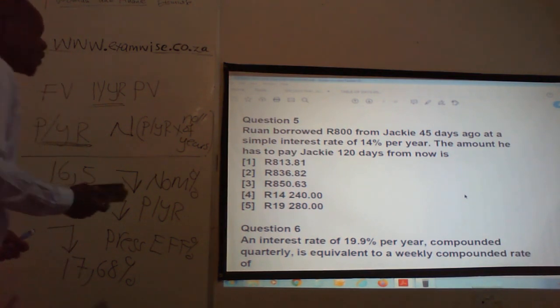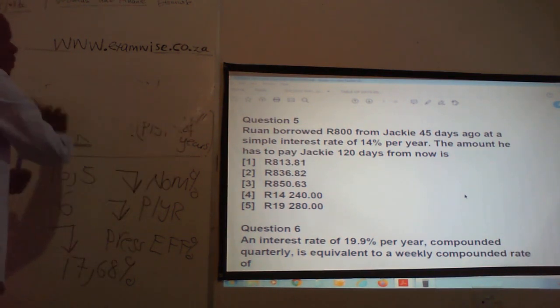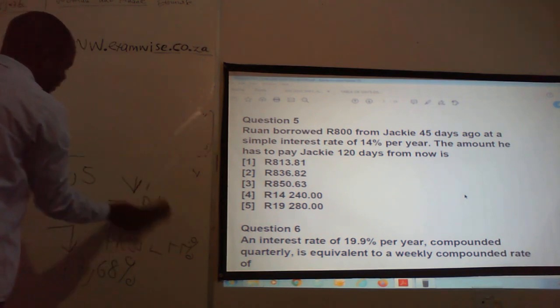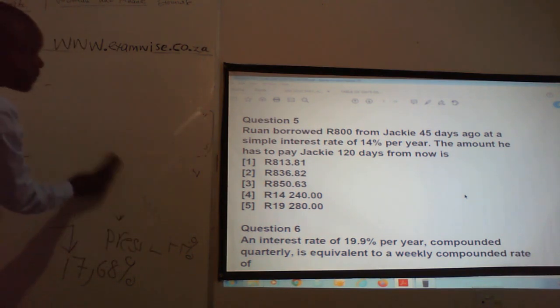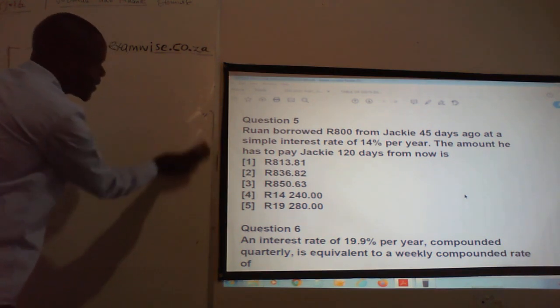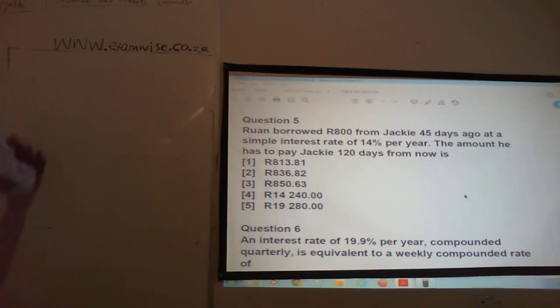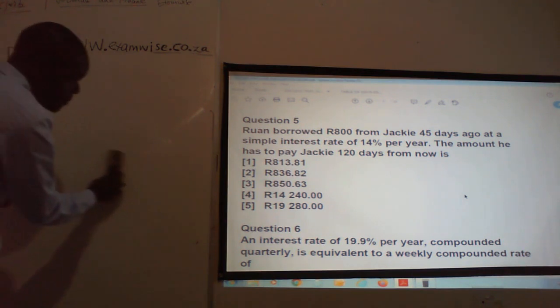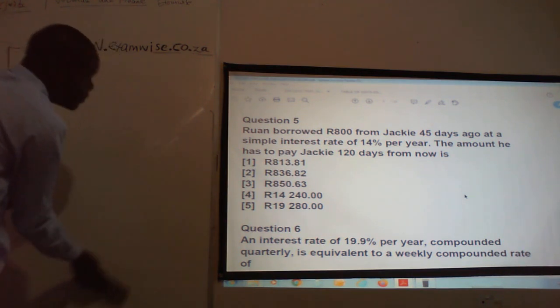So Ruben borrowed 800 rand from Jackie 45 days ago at a simple interest rate of 14% per year.